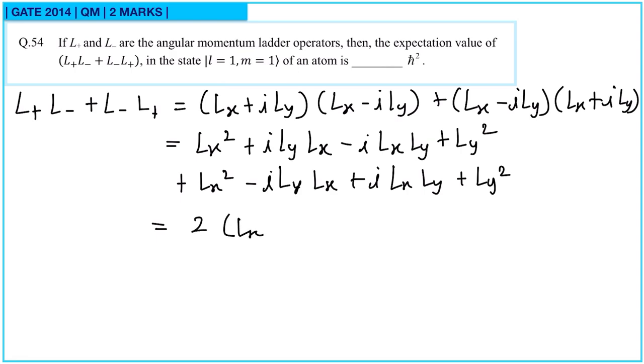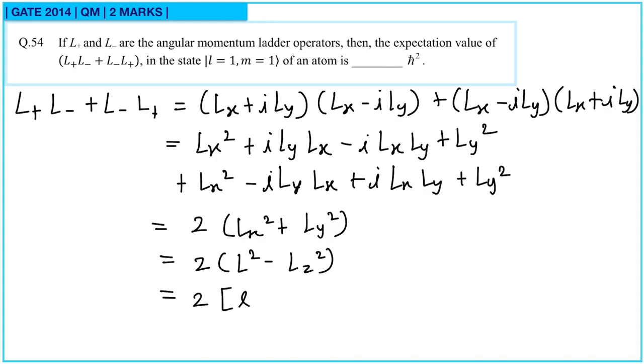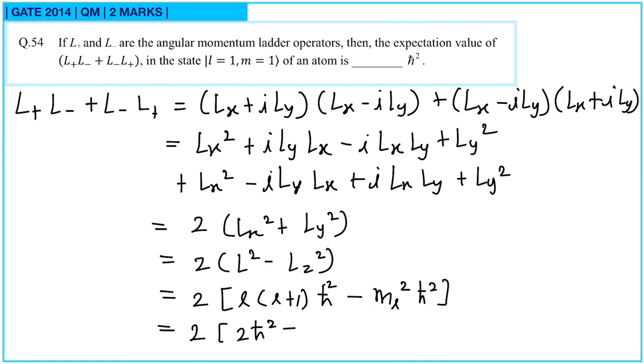So this is 2 times Lx square plus Ly square, and this is equal to 2 times L square minus Lz square, which is equal to L into L plus 1 h cut square minus ml square h cut square. Now L is given as 1, so this will be 1 into 2, so 2 h cut square minus m is 1, so 1 square is 1, so 1 h cut square. So this will be 2 h cut square. So the answer is 2, and the answer given in the answer key is 1.99 to 2.01.